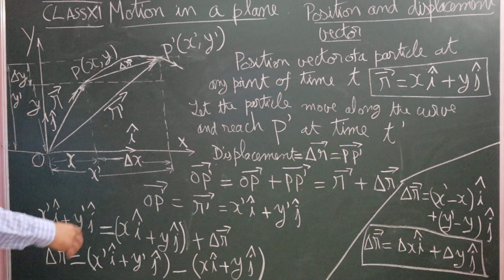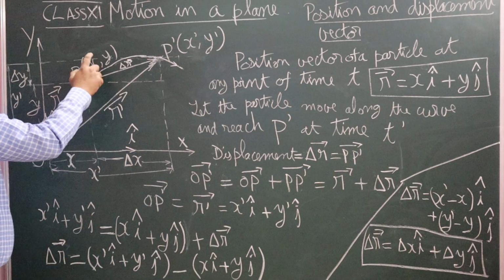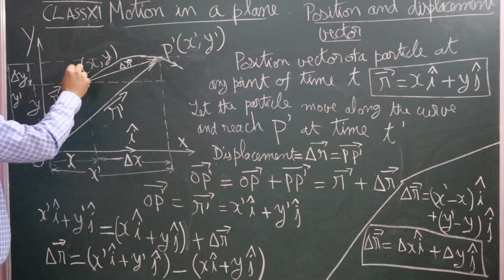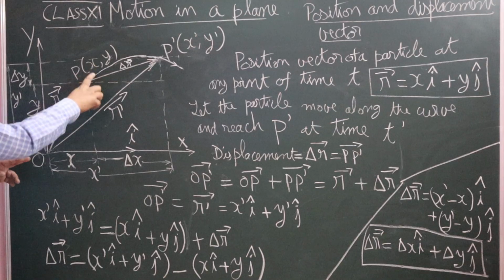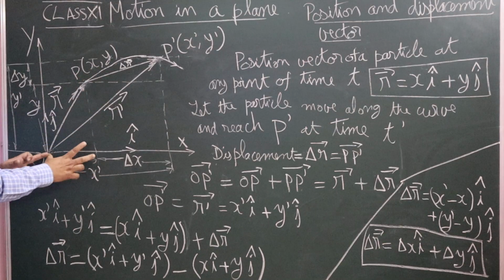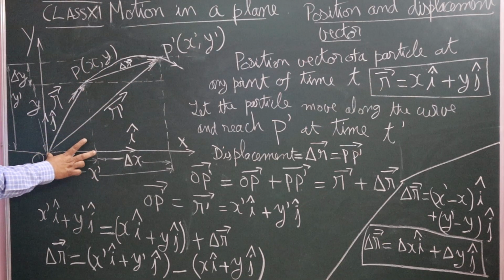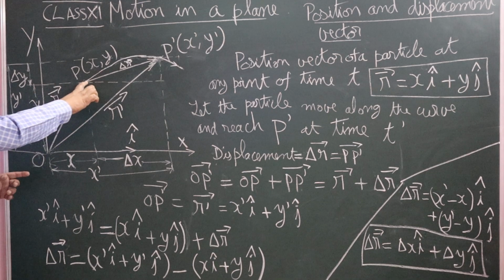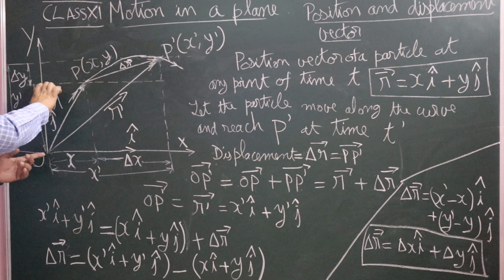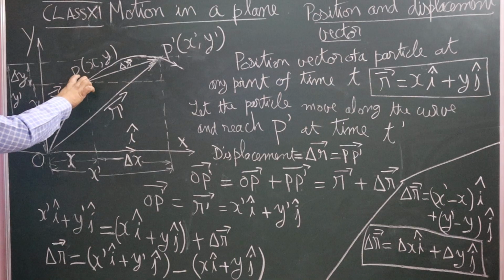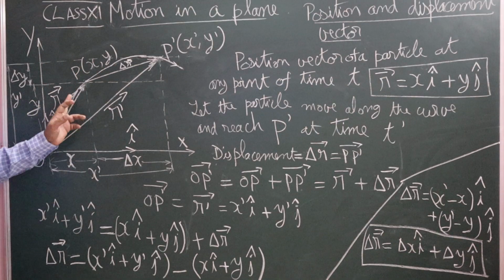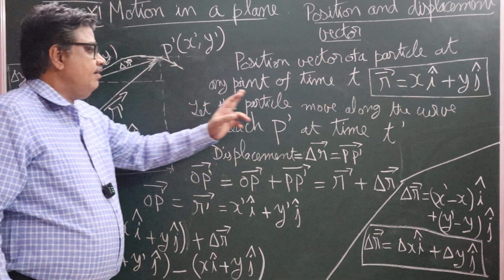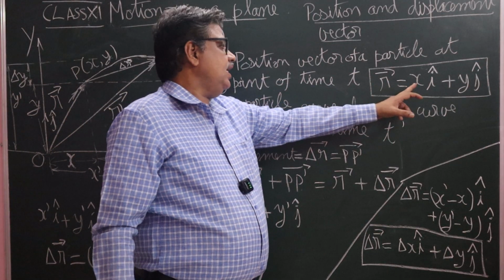Here x and y are the coordinates of the particle at point P. This x is the distance along the x axis, and this is the distance y along the y axis. Therefore P is (x, y). So the position vector of the particle at point P is r vector equal to x I cap plus y j cap.